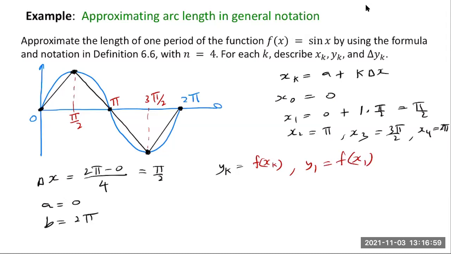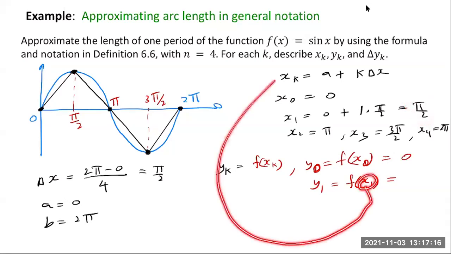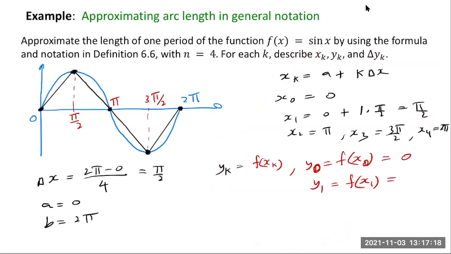Of course, first of all, you can find y of 0. Let me find y of 0, f of x of 0, that is 0. And then y1 is equal to f of x1. Remember, your x1 is pi over 2. If you plug in pi over 2 in your function, you get 1. y1 is equal to 1.